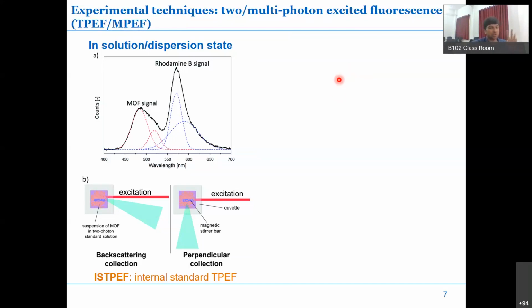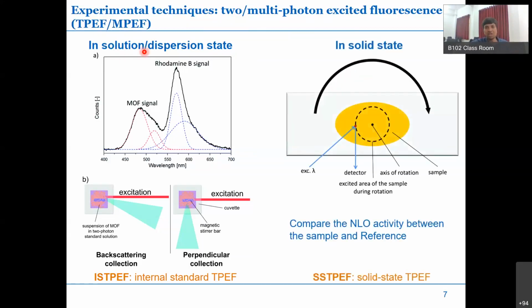Here again there are two different methodologies: one is the solution or dispersed state methodology, and the other is the solid state methodology. In the solution or dispersed state methodology, we take microcrystals of the MOF and disperse them into a solution containing the reference. In this case, you have the MOF and you have rhodamine B as the reference.